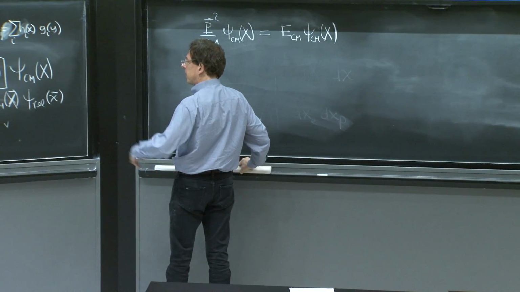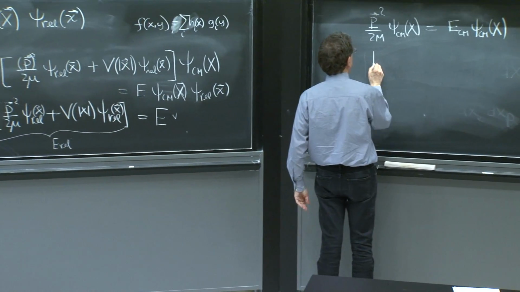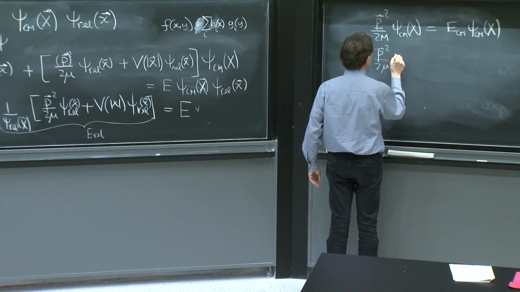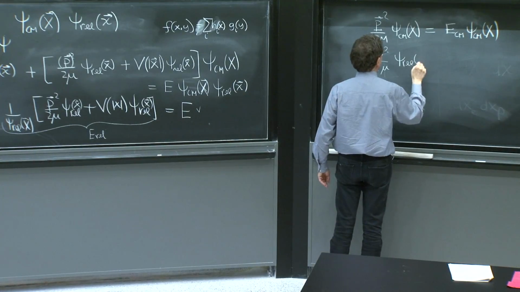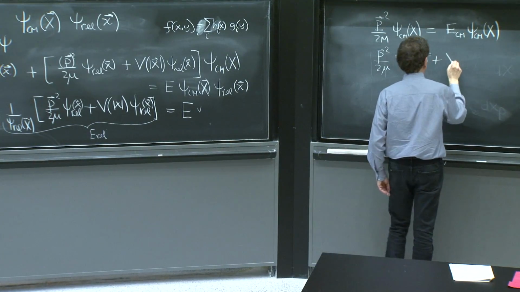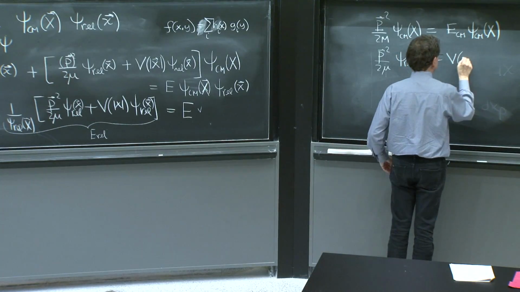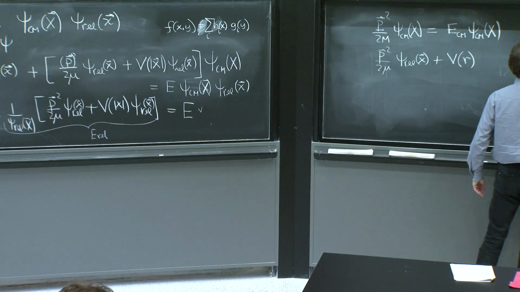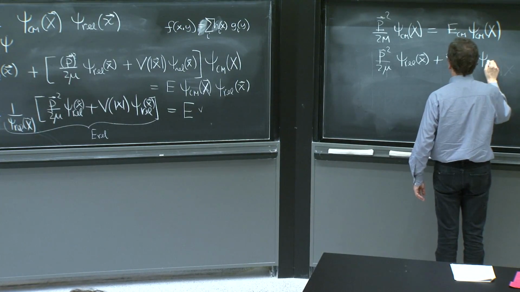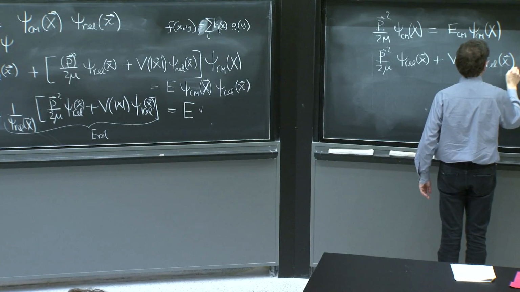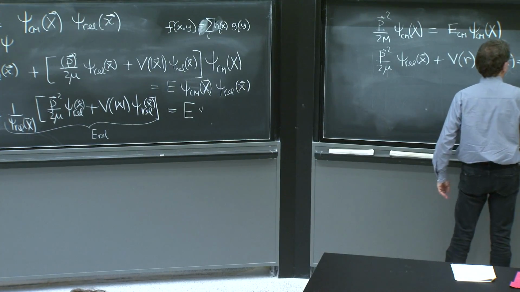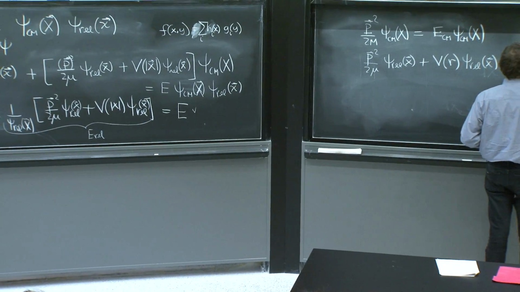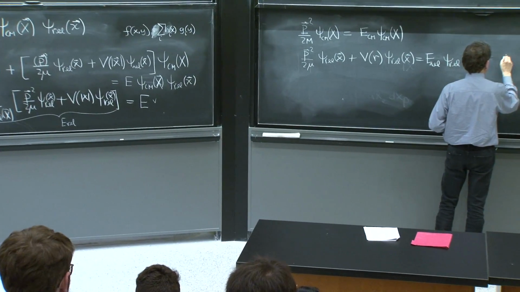The next equation is the one within brackets, which is p squared over 2 mu psi relative of x plus V of r, where r is the magnitude of x, psi relative of x equals E relative psi relative of x.